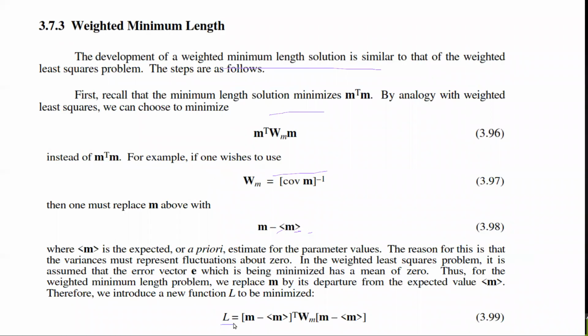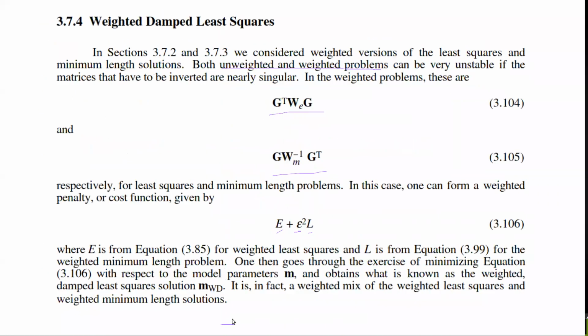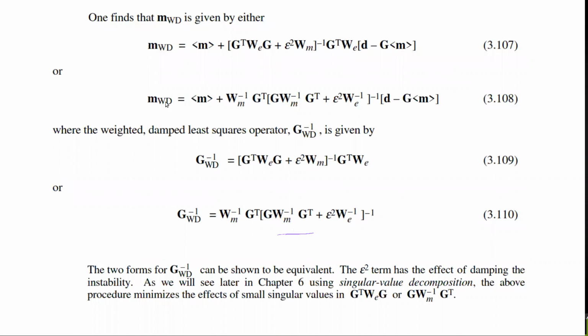This is the minimum length in the minimum length case, and E is the total misfit that we saw in the least square case. Then the objective is to minimize this system with some damping parameters. If we go through the analysis, we can find the estimate of the model parameters, what we call the weighted damped estimate, which will be given by this relationship or that relationship.